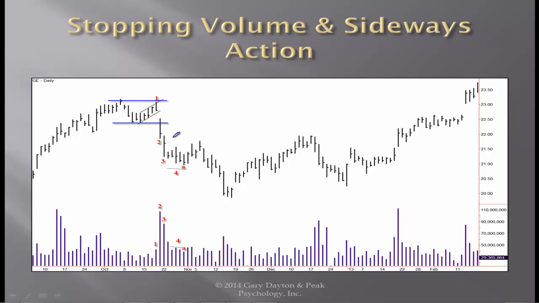So what we see here is a little bit of stopping volume, and then on the bars here at 4, we see light volume, and we do try to push down a little bit lower, especially on this bar and these couple of bars here. But look at the volume. The volume from this bar to A is declining. Just like we saw earlier on the hypothetical chart at the top of the market, where we see no demand, this is no supply.